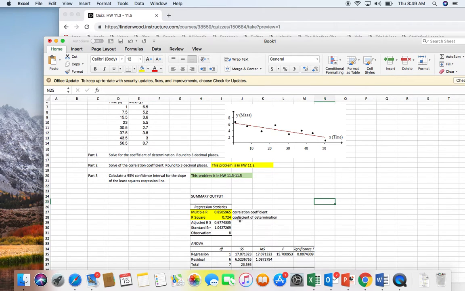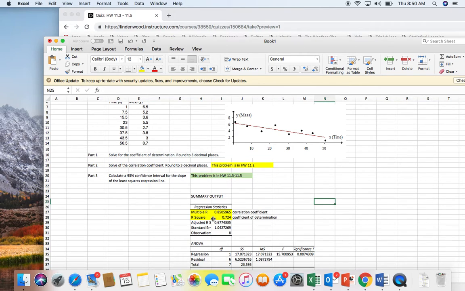And as this number approaches 1, it would indicate that time is by far the largest variable that explains the variation in mass.